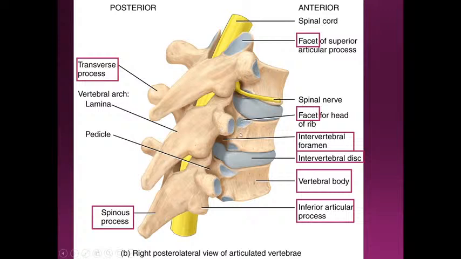Okay. And so a rib will articulate with the vertebral column usually in two places. Not all of them, it's not always true, but usually in two places it will articulate with the body and a transverse foramina. Now, from the view here, we see the spinous processes, and so we know this is a posterior view.